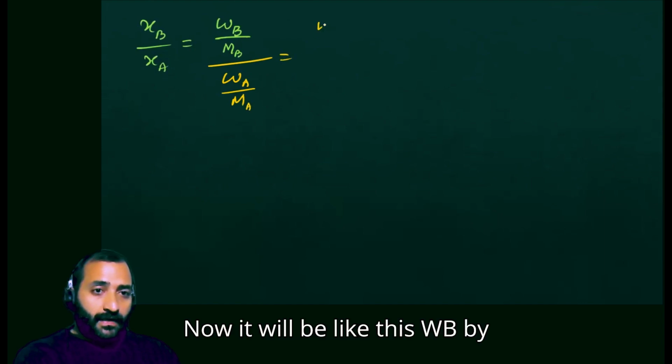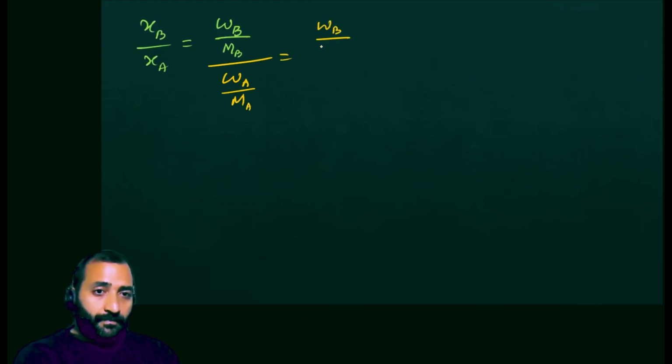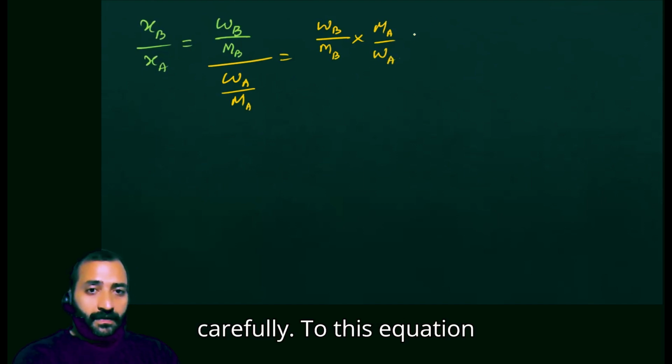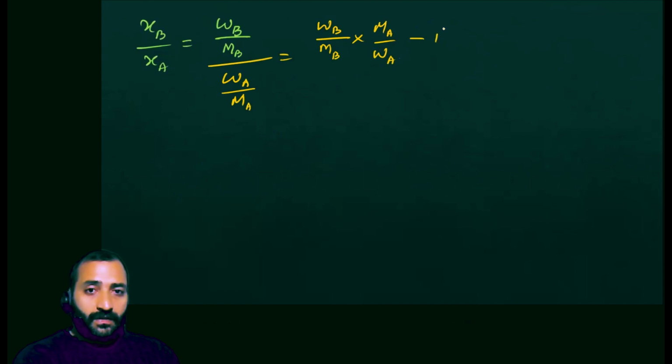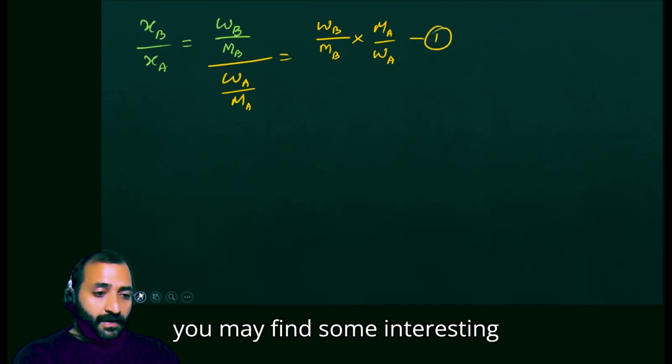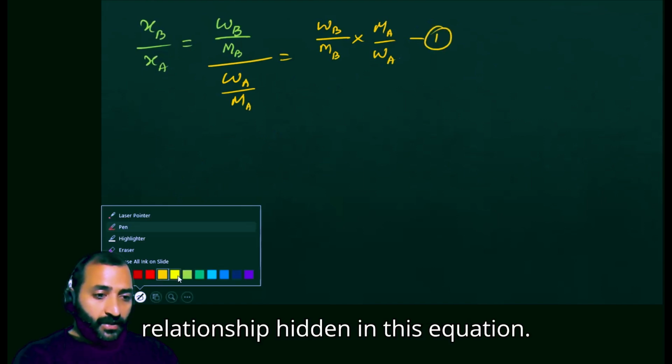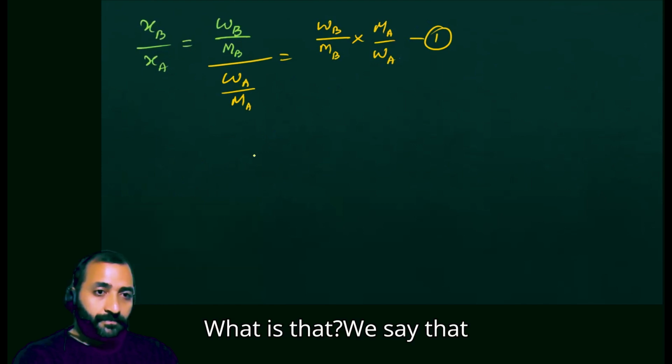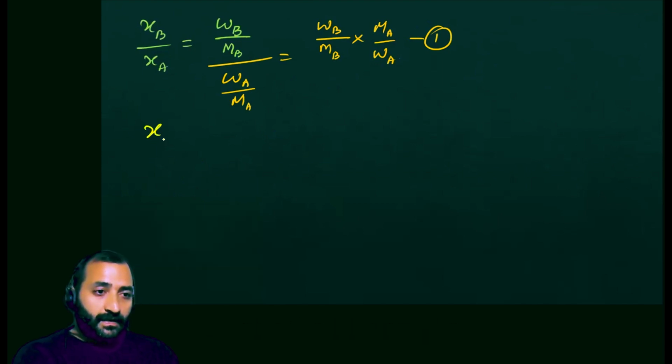Now it will be like this: Wb by Mb into Ma by Wa. Now look carefully at this equation. You may find some interesting relationship hidden in this equation.